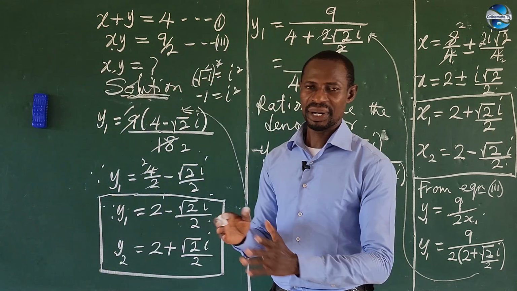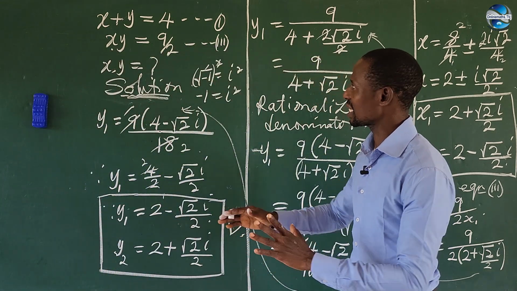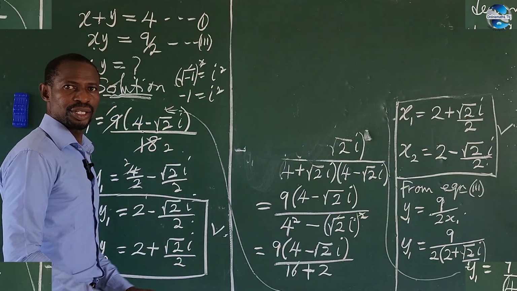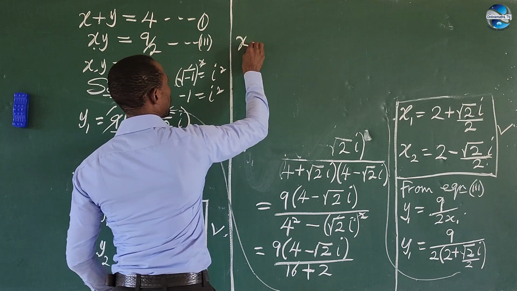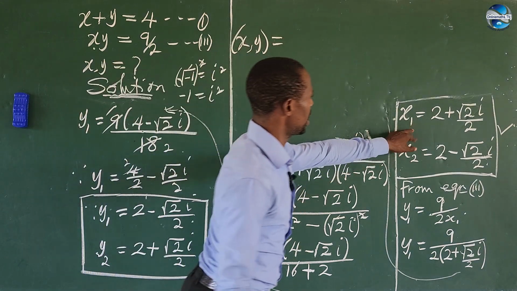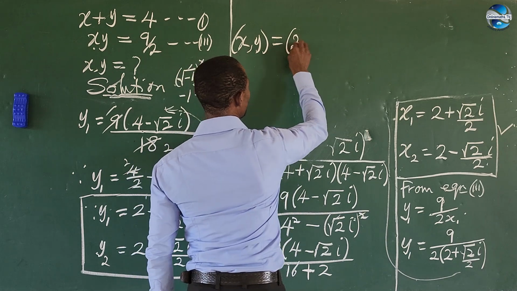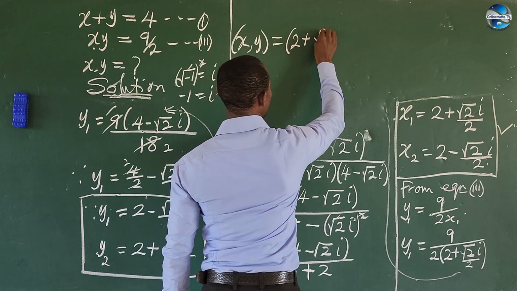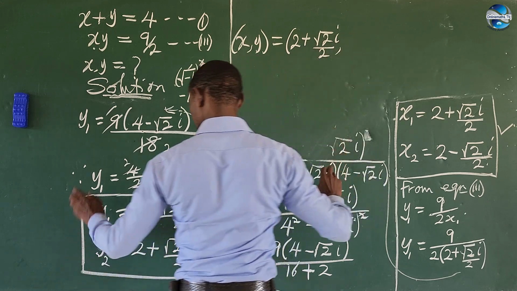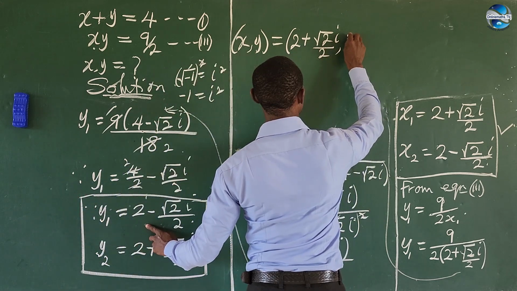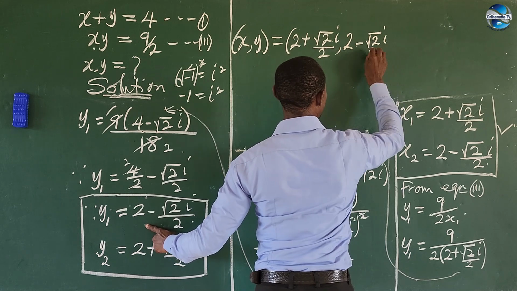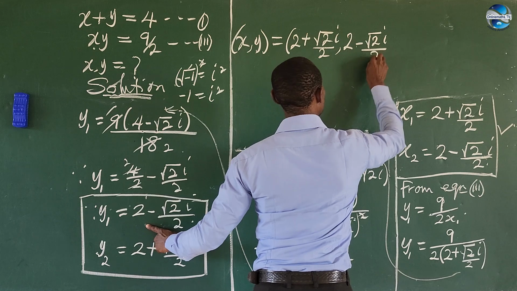Okay, so let's go ahead and bring out the pairs of solutions that actually satisfy this equation here now. Okay, so let's erase this side. So the actual pairs of x, y that will satisfy this original equation is going to give us our x1, so we have here 2 plus our square root of 2i all over 2, comma, then our y1 we have 2 minus the square root of 2i all over our 2.